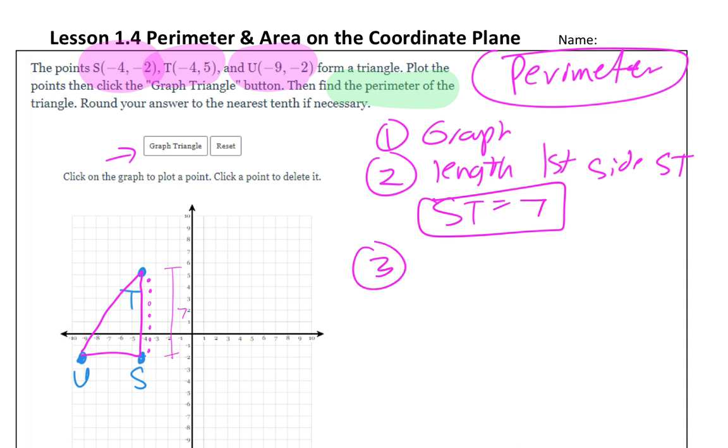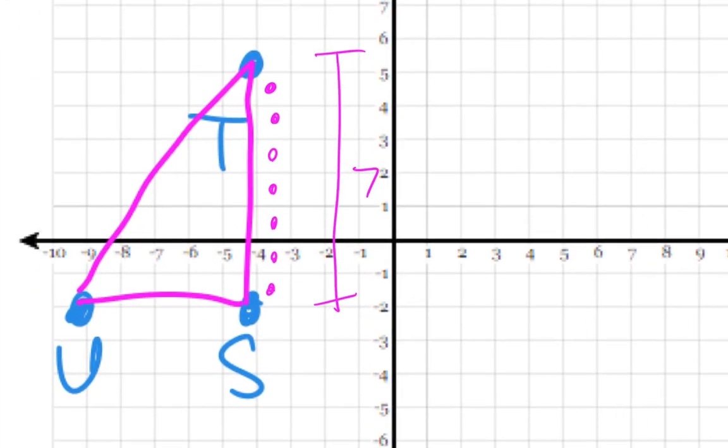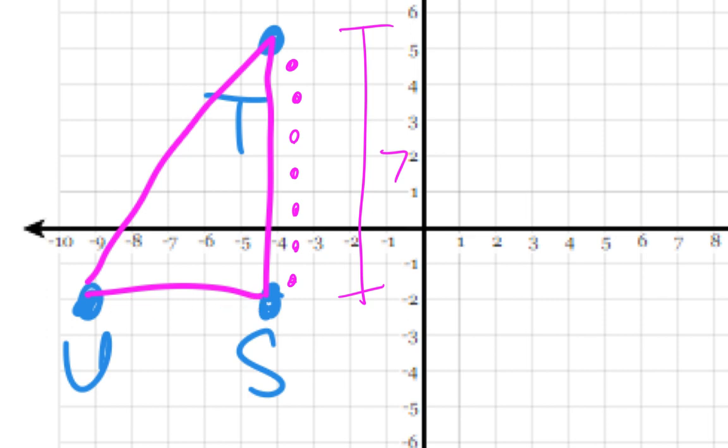The next step is the length of the second side. Let's call it US. Let's do a similar thing. Since US is horizontal, we can just count those. We can either start at 0 and count those, or put the dot.